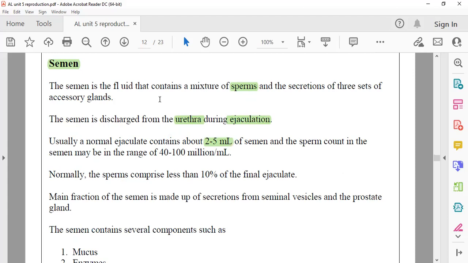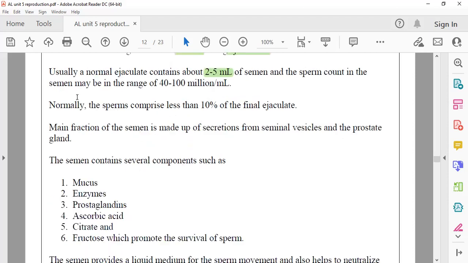Yes. In the total semen, if we take 1 milliliter of semen, the portion of sperm will be only 0.1 milliliter. Understood? The rest is other things.